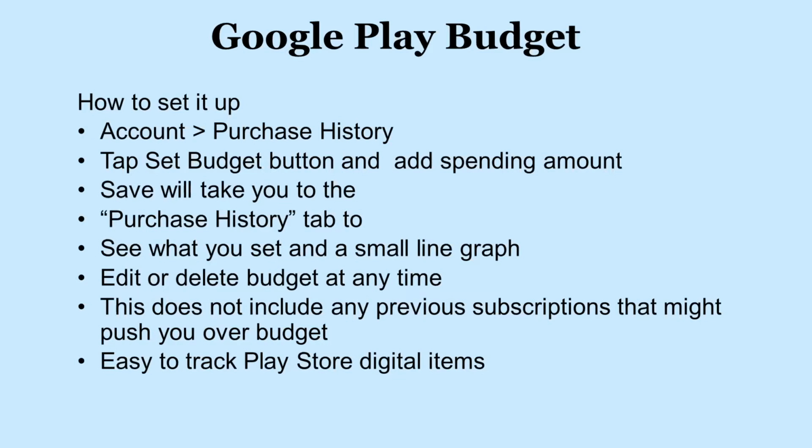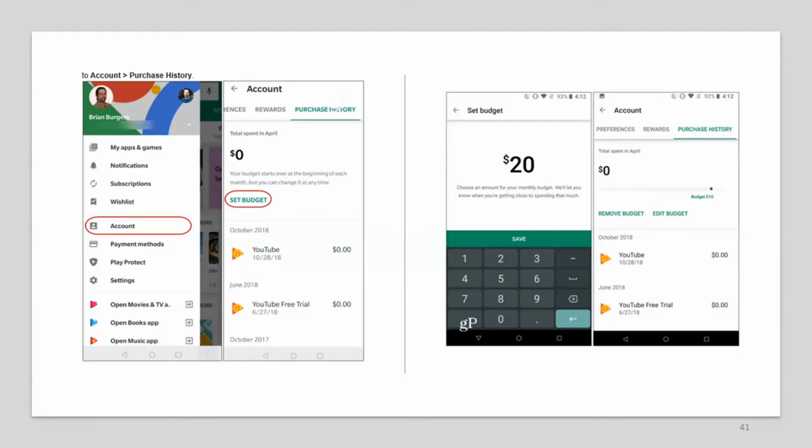That will take you to purchase history, and you can see what you set and a small line graph. You can edit or delete it at any time, and obviously it does not include any previous subscriptions that might push you over budget. It also makes it easy to track Play Store digital items. This gives you an idea of what it looks like.